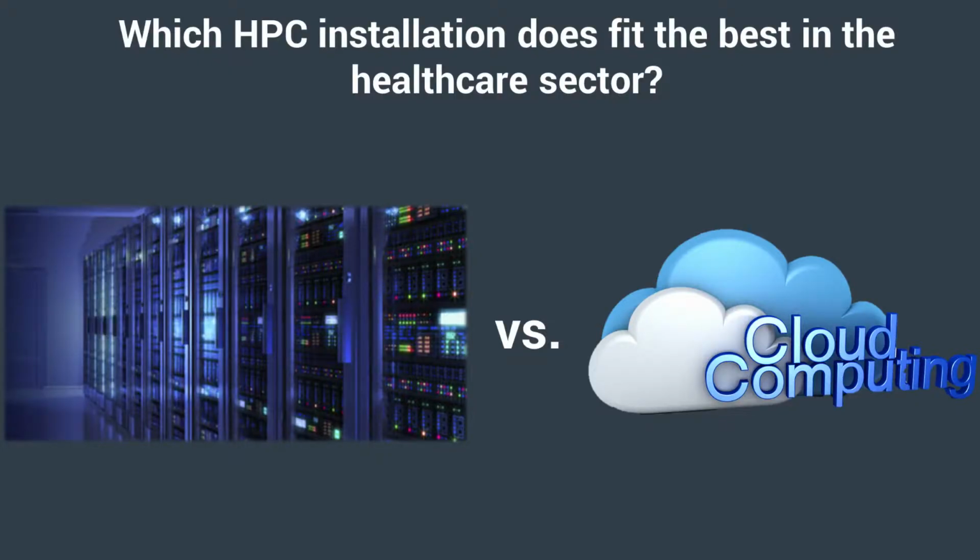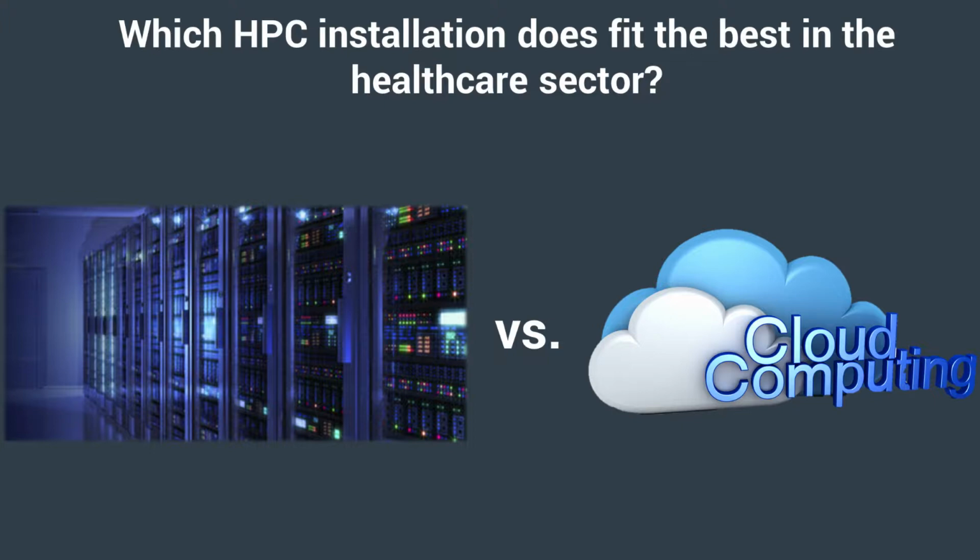And which HPC installation fits best in the healthcare sector? Well, we can go from a local solution to a cloud-based one. However, installing a local solution in each hospital where we want to install our software is very complex, especially in those clinics that are very small. So we deal with two different environments.